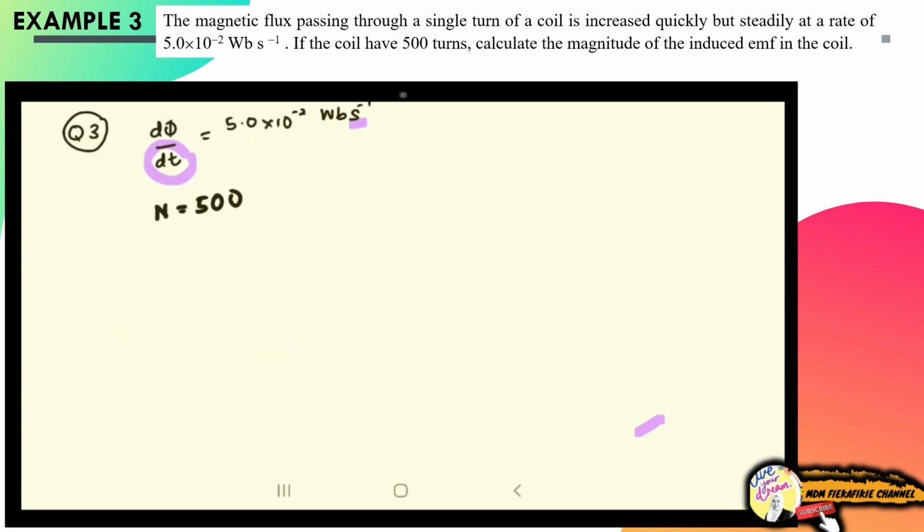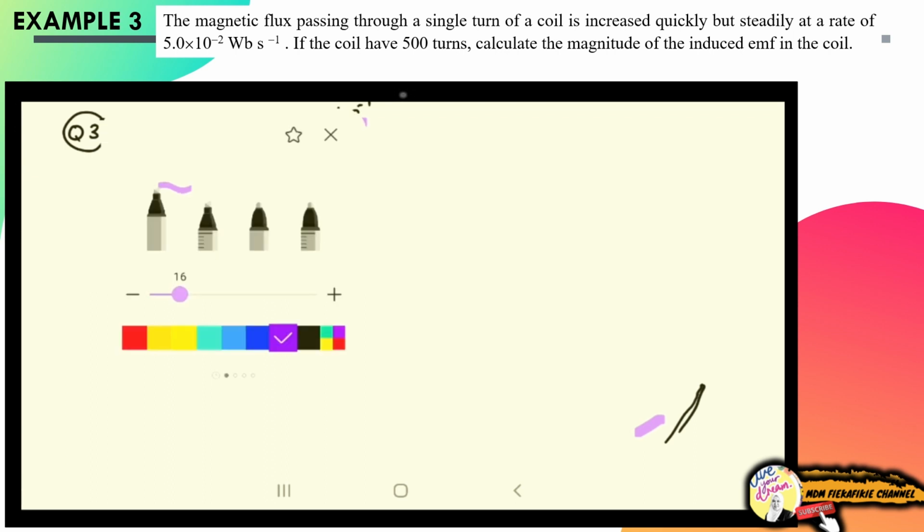Now we want to calculate, if the coil has 500 turns, the magnitude of the induced EMF in the coil. This is very simple since Faraday's law states that induced EMF is directly proportional to the rate of change of the magnetic flux.